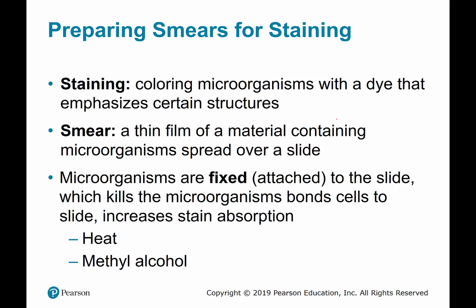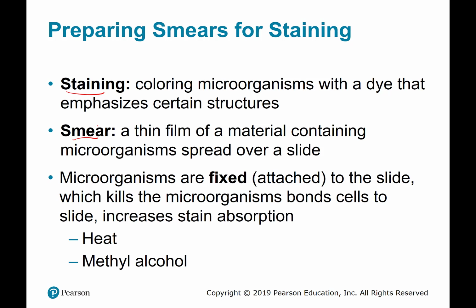And by staining them, you are changing their refractive index so that it is different from the medium that they're suspended in. And so staining refers to coloring microorganisms with a dye which will emphasize certain structures. And a smear is a thin film of material containing the microorganisms that has been spread over a slide.